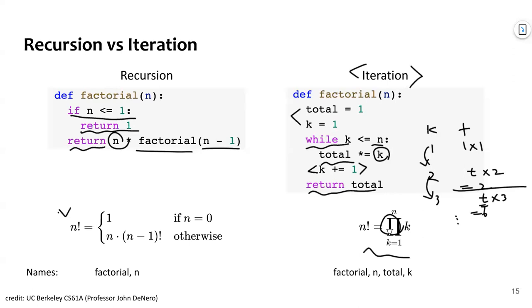And another difference is we have two names for recursion. On the other hand, we have 4 names or 4 variables in the case of iteration. So we can do the same thing with a smaller number of names when it comes to recursion, and we need to use more names in general for iteration. So is this the only difference?